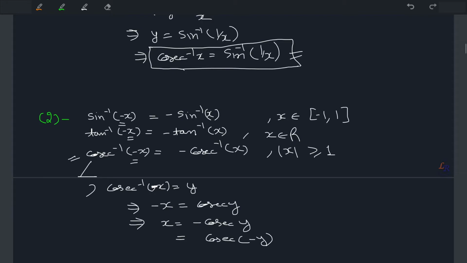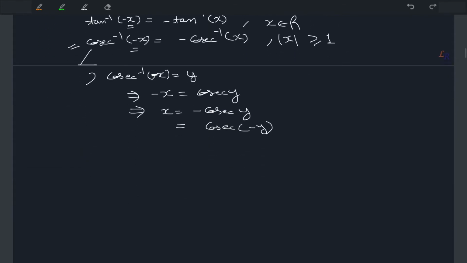because from the trigonometric function property we know this, as we have seen in the very first lecture for this chapter. Then take the inverse of both sides. So you have cosec inverse x is equal to minus y, which implies y is equal to minus cosec inverse x.